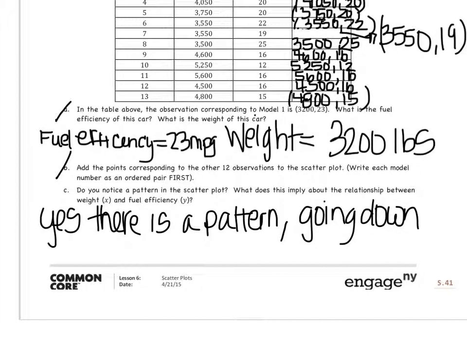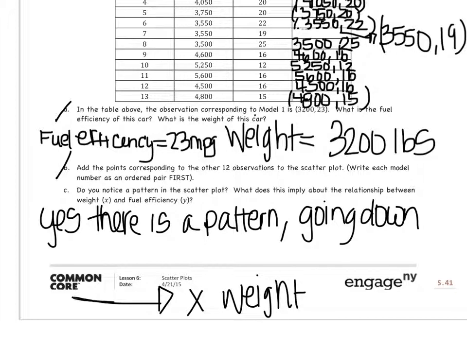So now we have to think, what does that imply about a relationship? As you were moving to the right, what was happening? Well, our x-axis represented weight. So as something is getting heavier, what was happening?